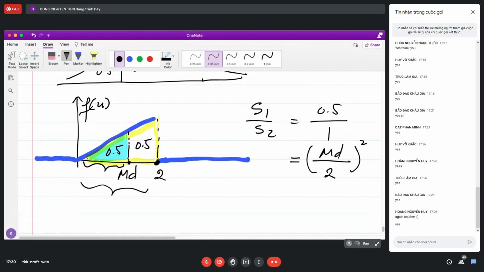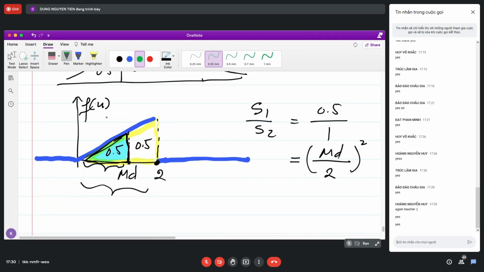Again, what is the area of this one? The area of this one is 0.5, right? The area of the bigger one is 1, correct? So you get S1 for this and S2 for the bigger one, then S1 over S2 is 0.5 over 1.